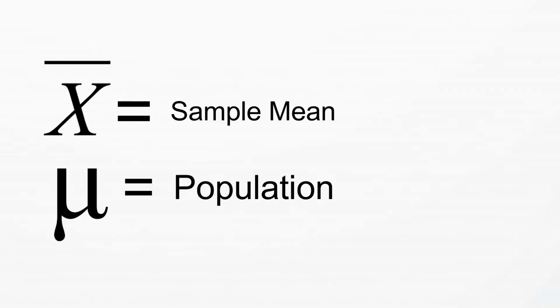So please remember the Greek letter mu stands for the population parameter, and coming to the sample statistic, it is very simple: the same old symbol x bar. The x with a line on top is nothing but x bar. So x bar speaks about the sample mean and mu speaks about the population mean.